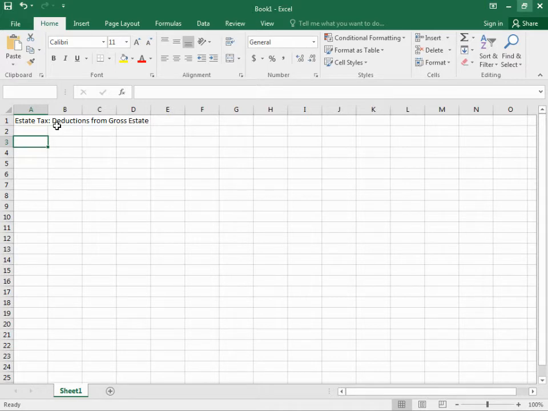So before you will be able to compute for the estate tax, syempre kailangan nyong intindihin how to compute the net taxable estate. Okay? So in computing the net taxable estate, of course, you will have to consider how much is the gross estate as discussed in chapter 13.